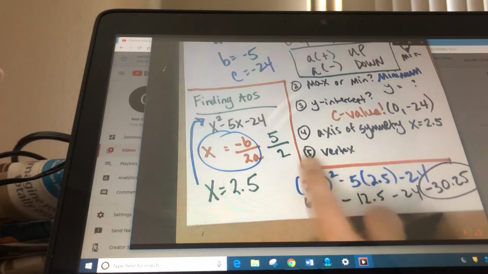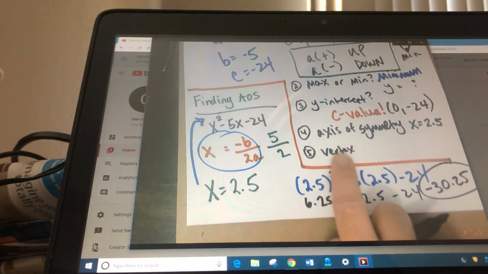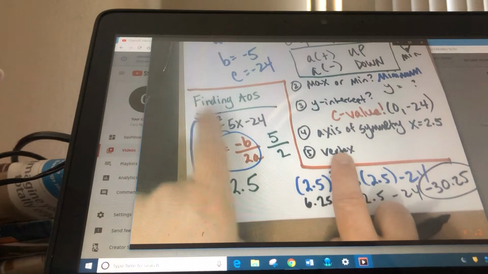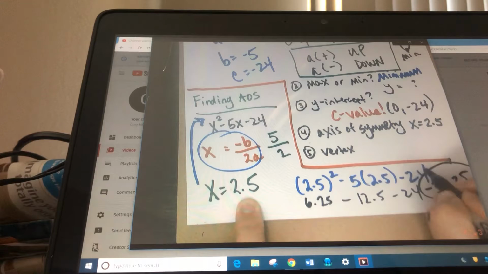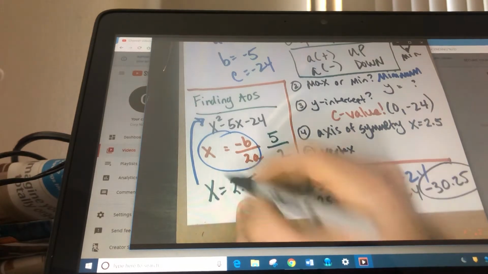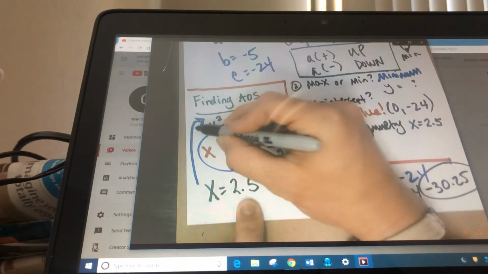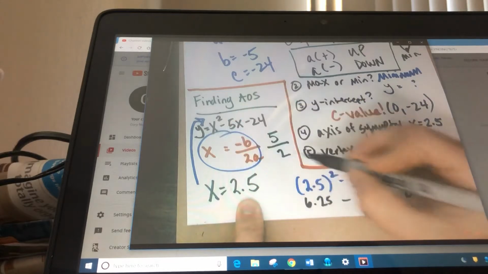So let's write our vertex. Remember how we started finding this vertex. We found the axis of symmetry, that's the x-coordinate. In this case, opposite of b over 2a was 2.5. And we plugged that in, and we got negative 30.25. And that's the y-coordinate. And I really should have written y equals right here.